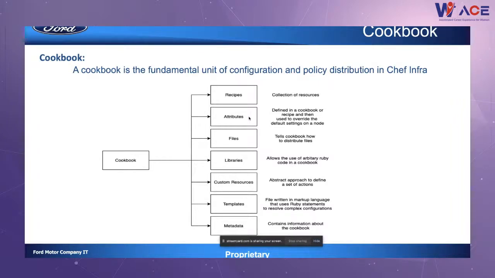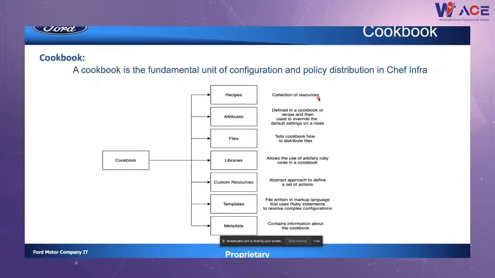Okay. And so what does this cookbook basically contain? In this cookbook, if you see, we have so many different things it contains. One thing is recipes. What are these recipes? A collection of multiple resources together is a recipe.